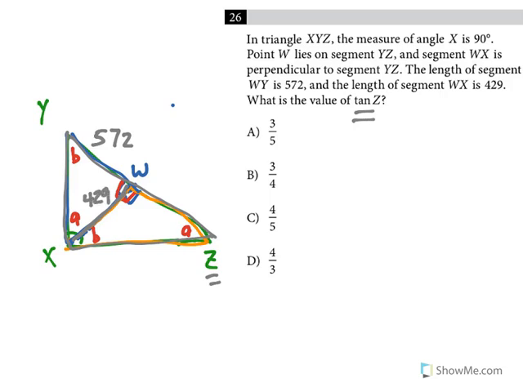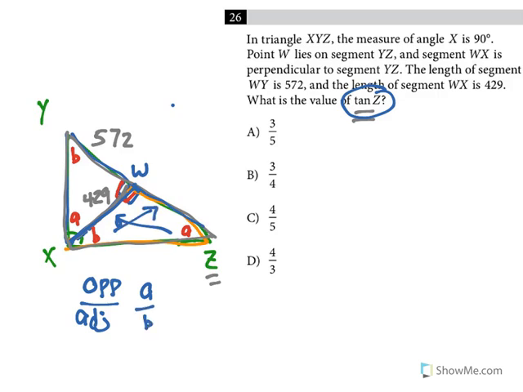So here's where I kind of got a little bit ahead of myself. The tangent of Z is the opposite of angle Z over the adjacent. So it's going to be what I'll call my A side, the opposite, over the adjacent, which is what I call my B side.